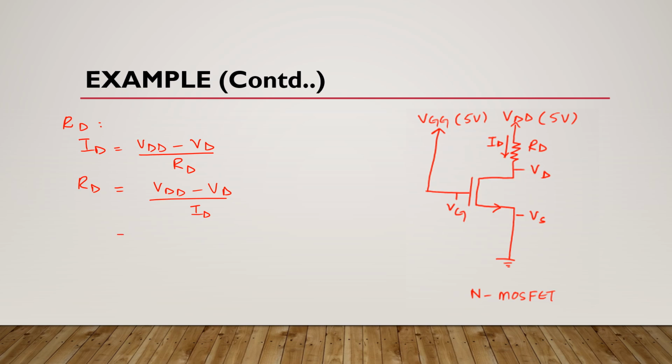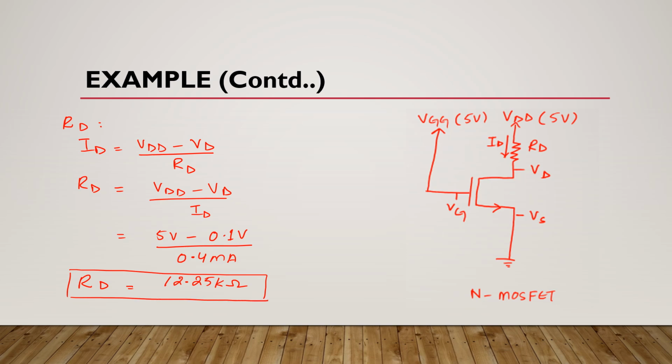Here we know that the value of VDD is 5 volts, the drain voltage is 0.1 volts and the drain current is 0.4 milliamperes. After solving this you will get 12.25 kilo ohms. Okay, so this is your answer here.